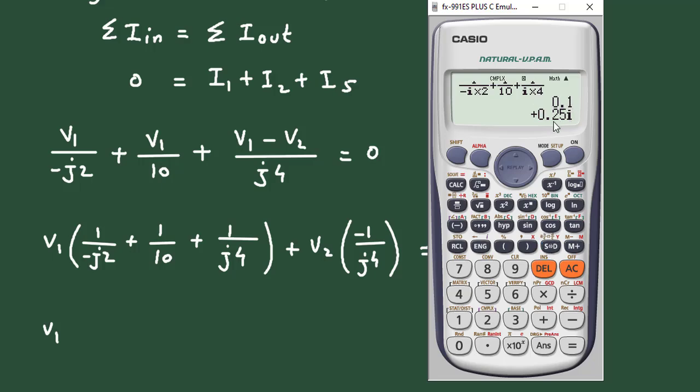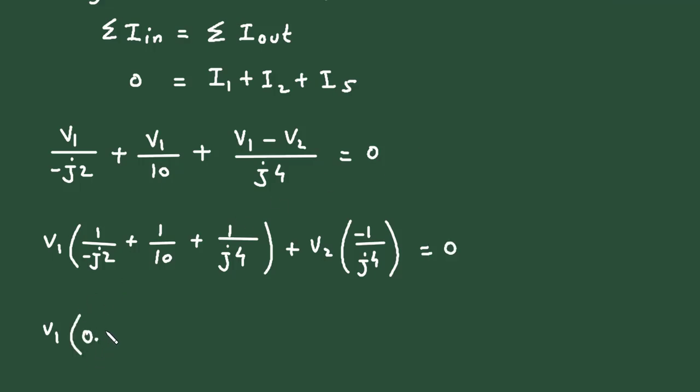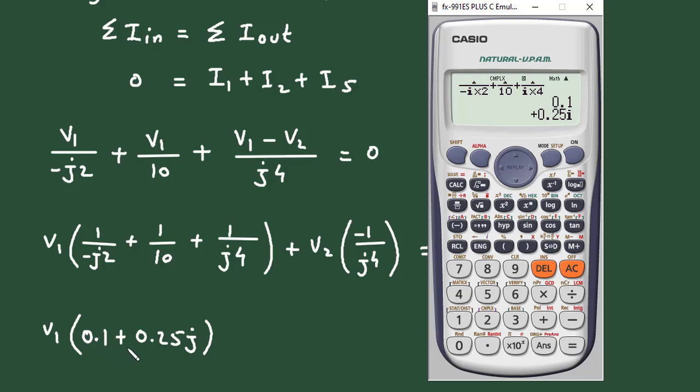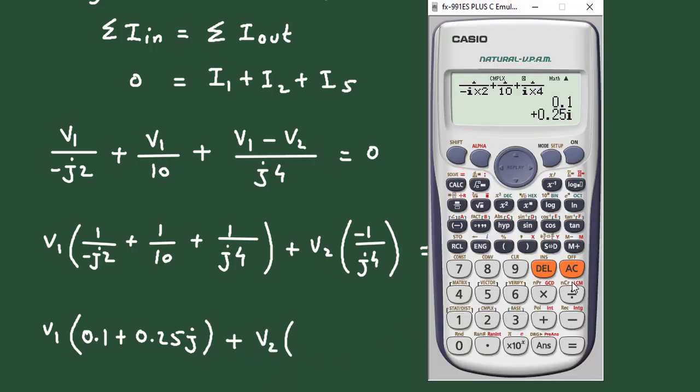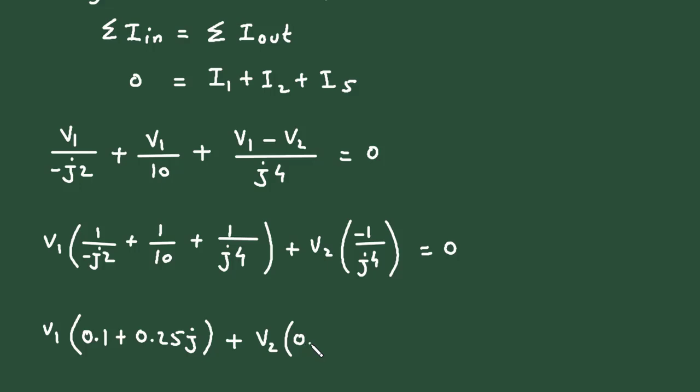So it is 0.1 plus 0.25 J. Plus V2 in bracket minus 1 upon J into 4, so it is minus 0.25 J, is equal to 0. Let's consider this as equation number 1.